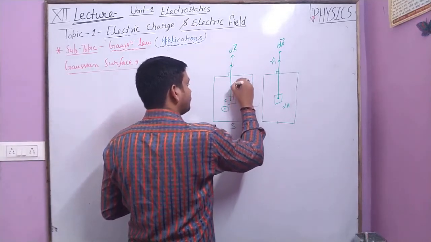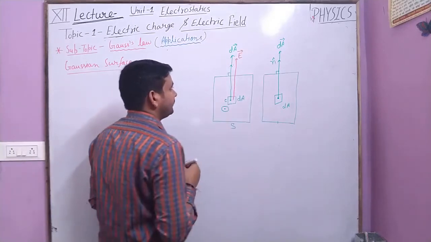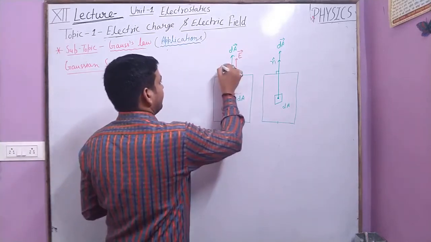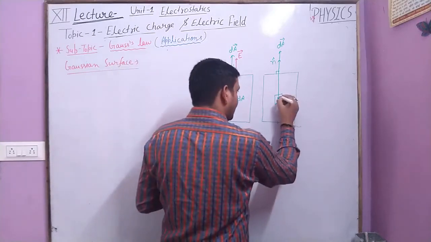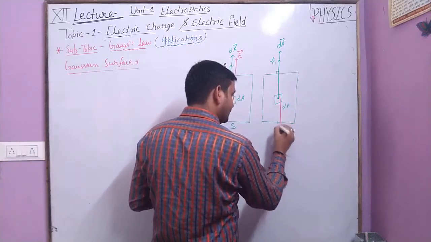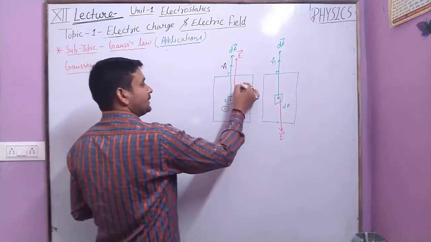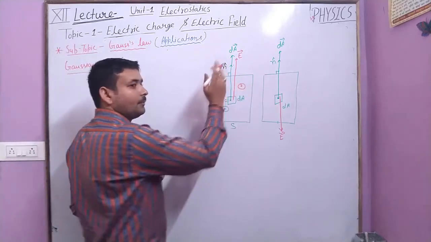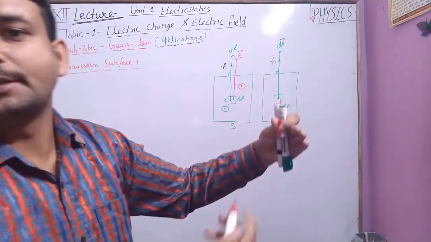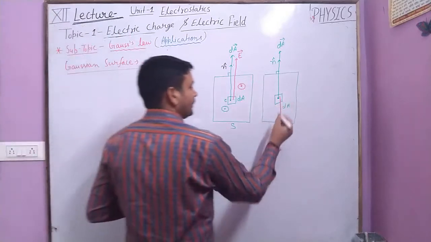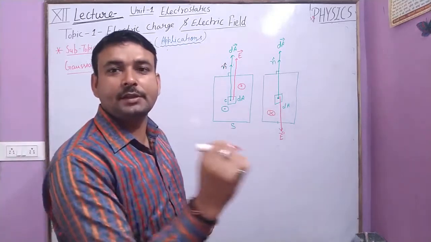Now for a particular situation, for this point the electric field is moving like that. This is the direction of electric field. Okay, and for this particular case the direction of electric field is downward. So for this we can say the electric field is radially or normal to the surface outward, and for this case you can say the electric field is normal to the surface inward.